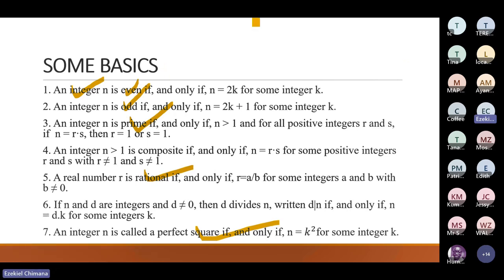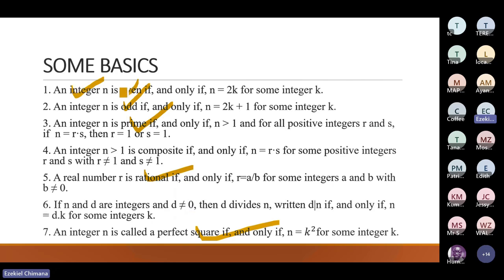So maybe you can go through the whole list, but those I highlighted are the most prominent basics that will be mostly used in your questions.